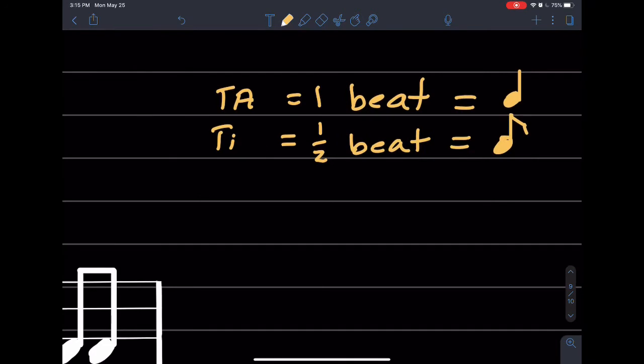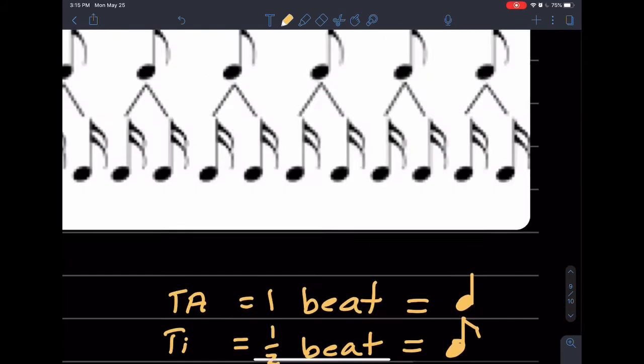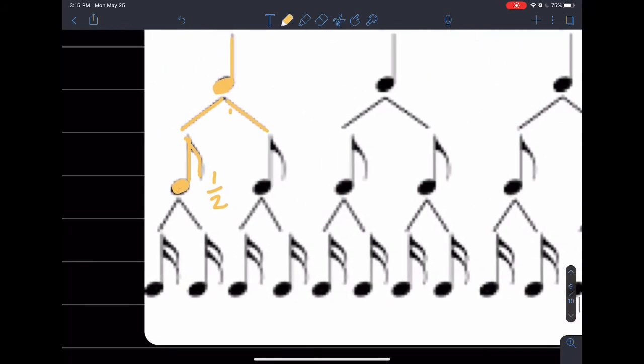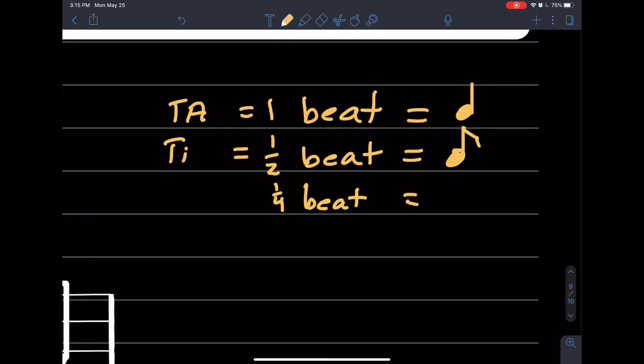Okay, now let's go to the quarter beat. What is worth a quarter of a beat? Well, if we're just going to continue our math, we can subdivide eighth notes even further into 16th notes. So let's write out our 16th note here.